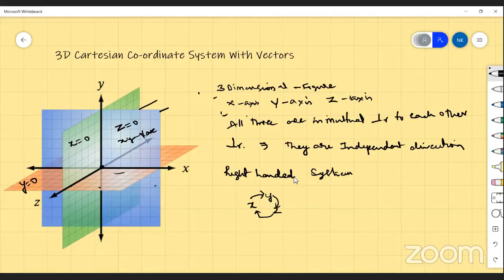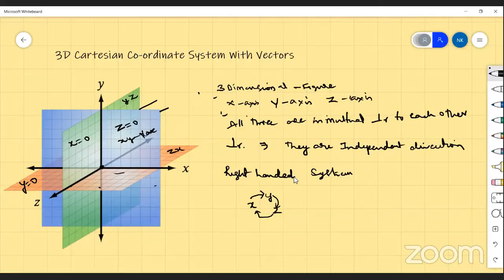This is the zx plane. And what about this one? This is the zy plane, the yz plane. So: the zx plane, the xy plane, the yz plane. On the yz plane, x is equal to 0.